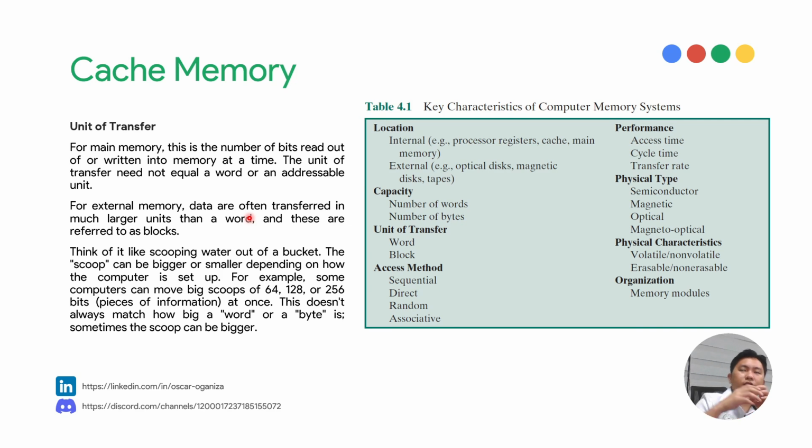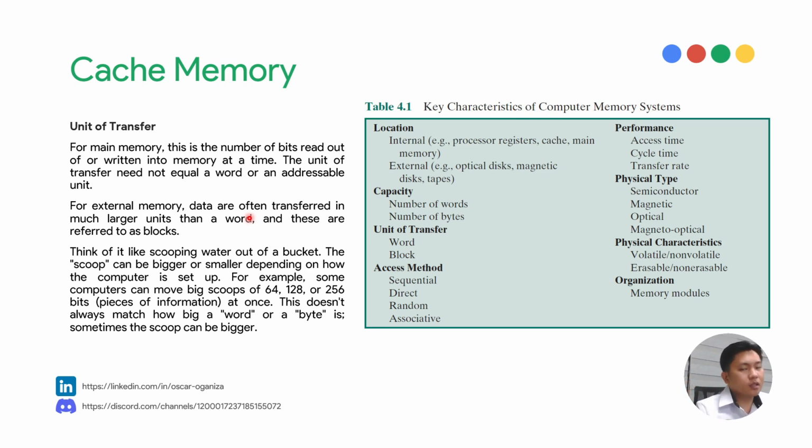So ito naman, unit of transfer typically means how big the information can be addressed and scooped or transferred into another unit. Sa example na binigay sa atin, mayroong 64-bit, 128-bit, 256-bit na information na kayang i-transfer at a given rate. Depending sa setup ng PC or the capacity of your CPU, the capacity of its memory.